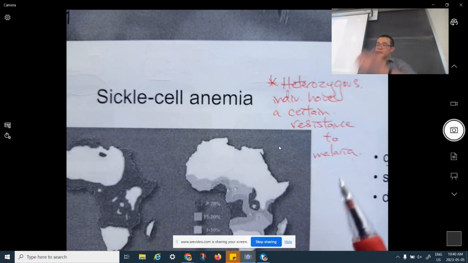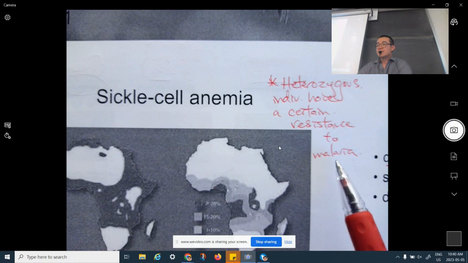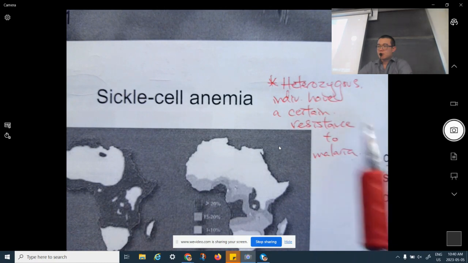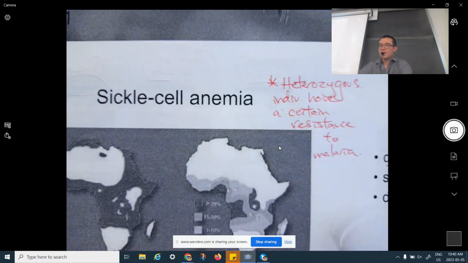Malaria can kill you pretty fast. So for those individuals in that context, it's a favorable mutation. Individual, INDIV, shorthand, have a certain resistance to malaria.